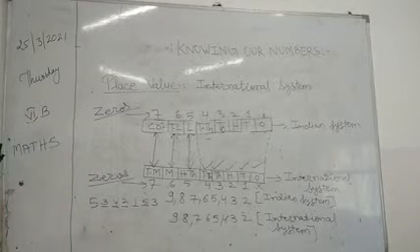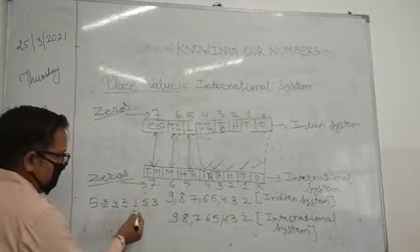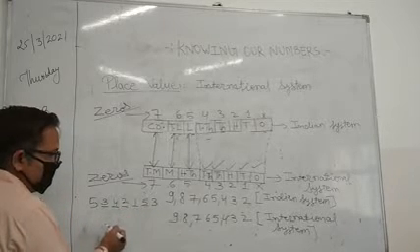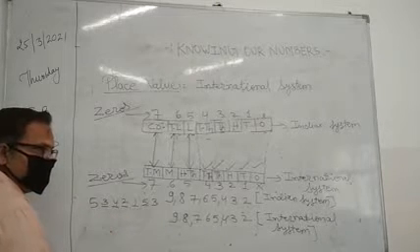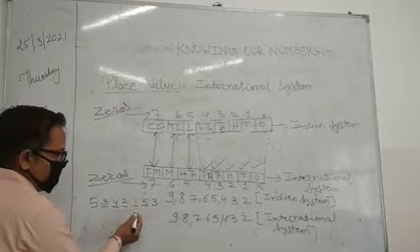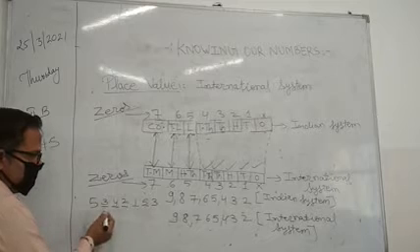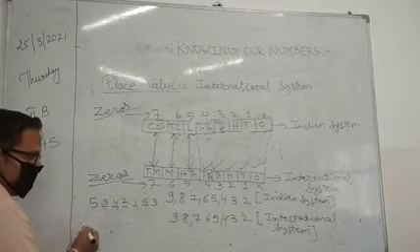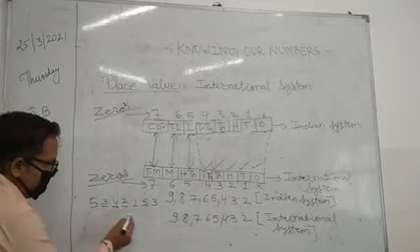Okay. So if you are counting 1, 10, 100, 1000, 10,000, then it is million. It will be counted like this.